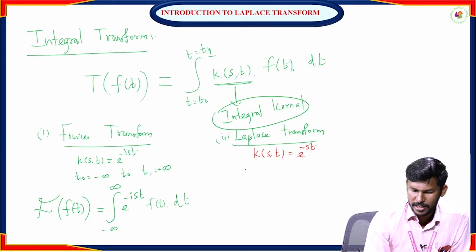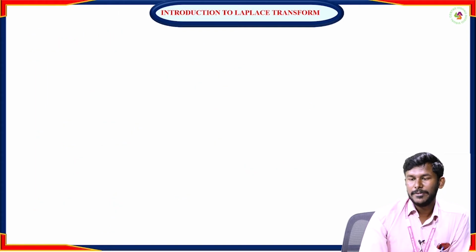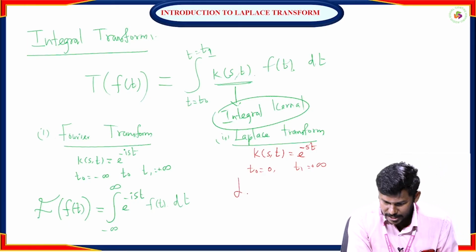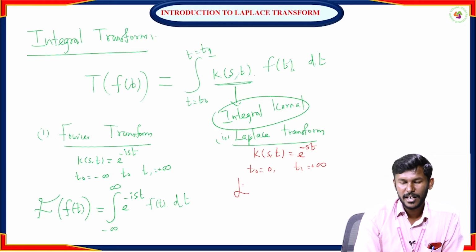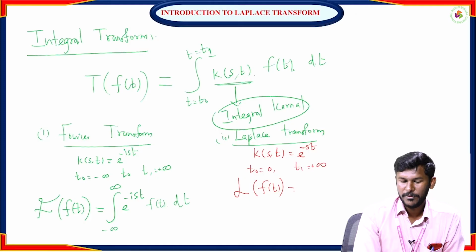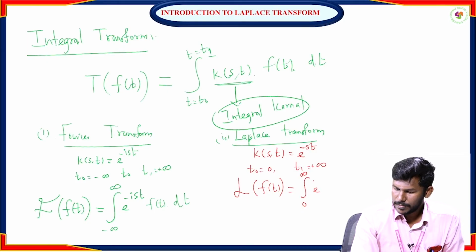First, I consider t naught as 0 and t1 as positive infinity. So what is my Laplace? I write this L, the Laplace transform of some function f of t. The Laplace transform of f of t is nothing but the integral from 0 to infinity of e power minus st into f of t dt.